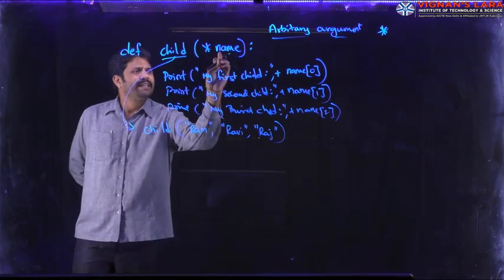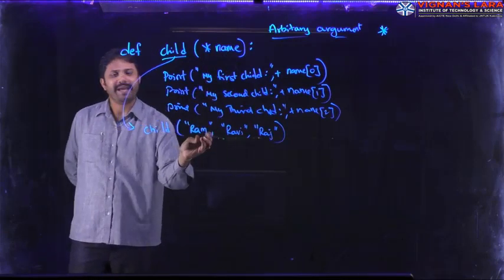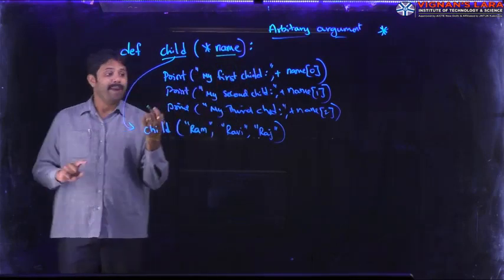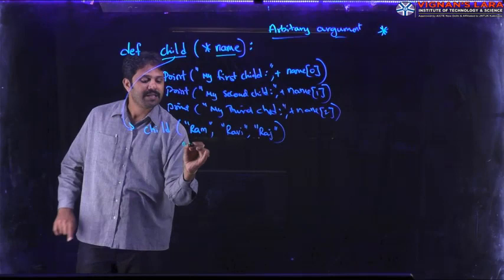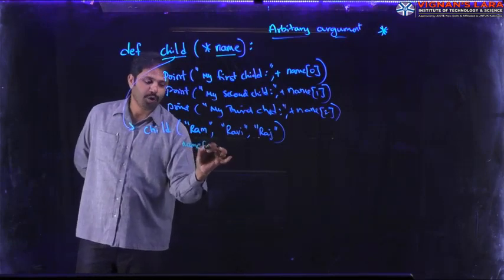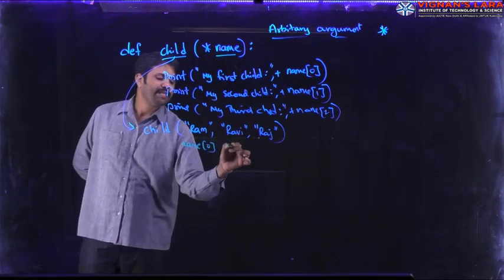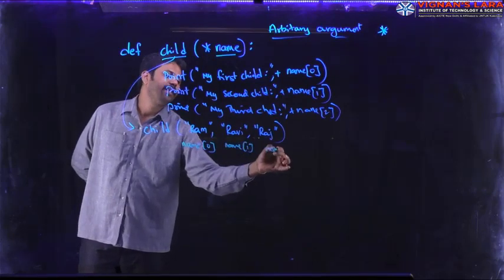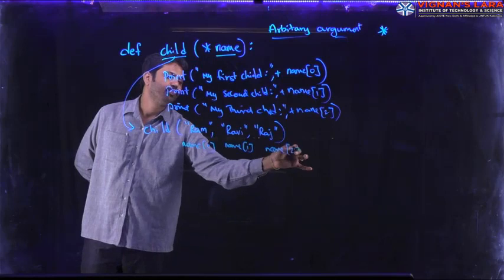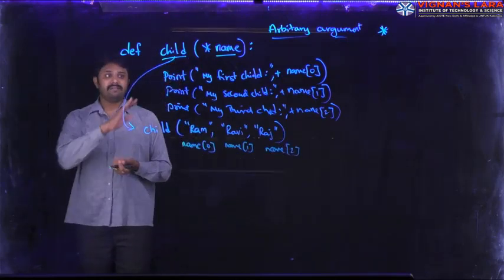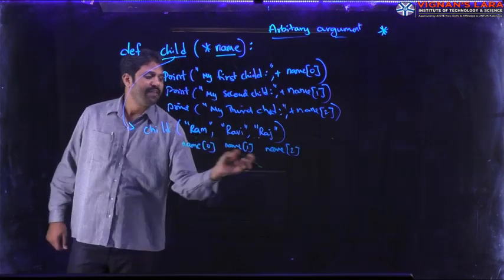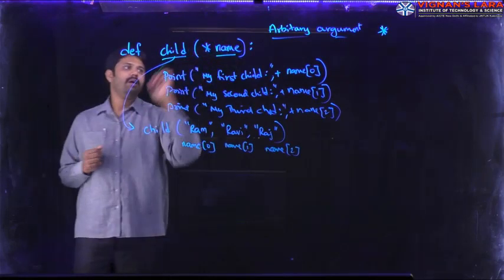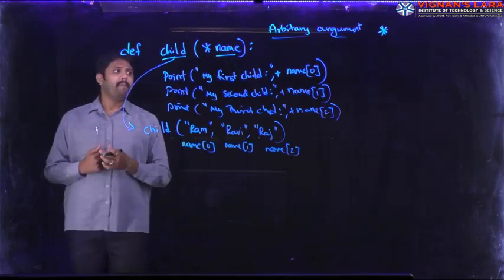Now these 3 values are represented with name: Ram is name of 0, Ravi is name of 1, and Raj is name of 2. In this case, these 3 values are passed to this function.